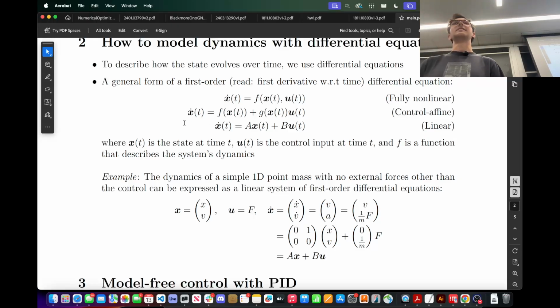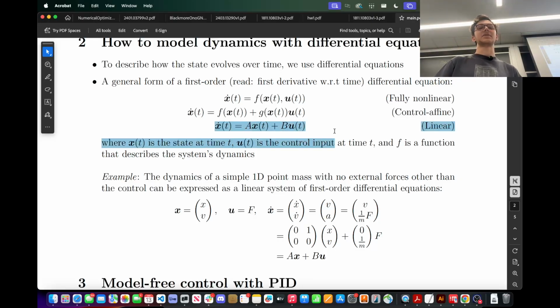In general, if you can write your system in this way, you get a century's worth of theory behind you, and you can do a ton of stuff. If you have it written in this way, you can still do a ton of really cool stuff. It's just going to be a lot harder, and you won't have the same guarantees that you'll have if your system looks like this.